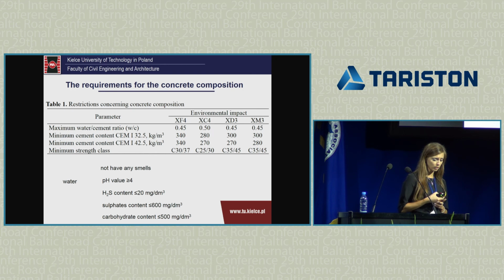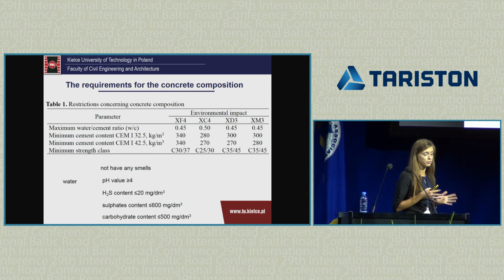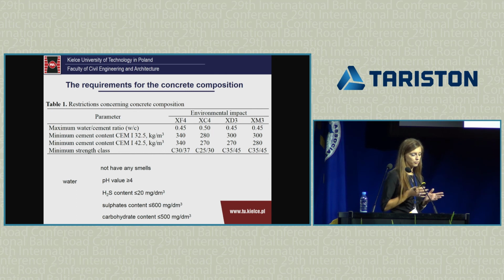The concrete mix includes water, in an amount dependent on the assumed water-cement ratio. This ratio is different: for Polish standards it was from 0.45 to 0.50, depending on the environmental impact.